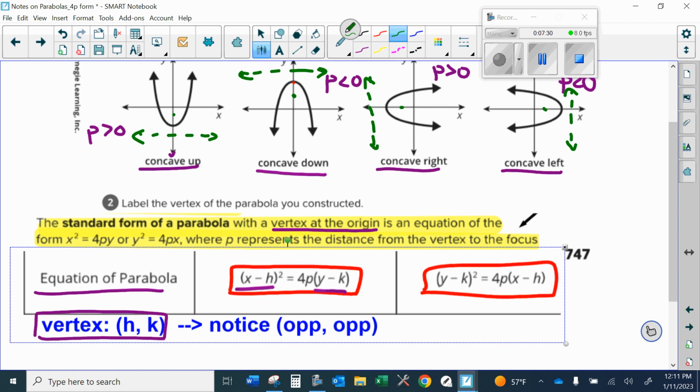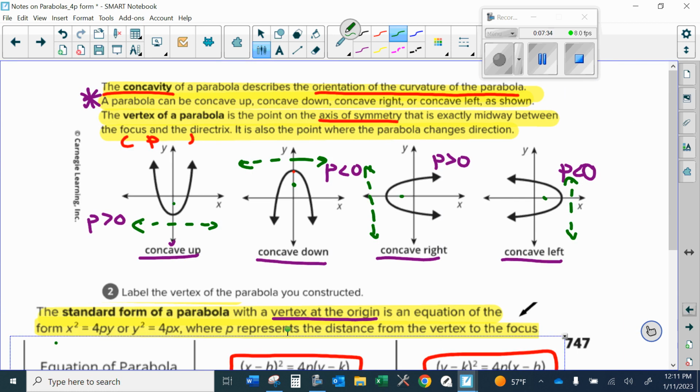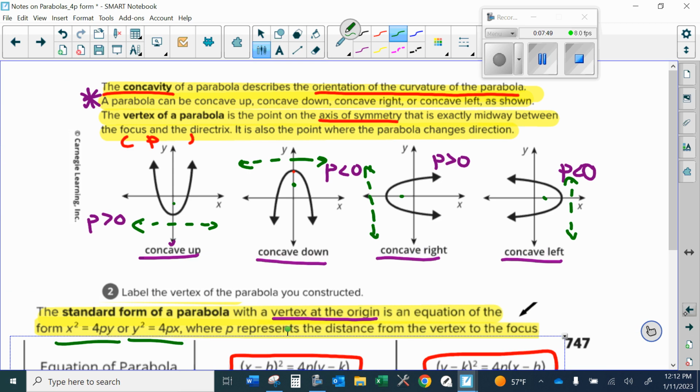We're going to focus on these first two here: x squared equals 4py, or y squared equals 4px. Let's go back and I'll list them on here.